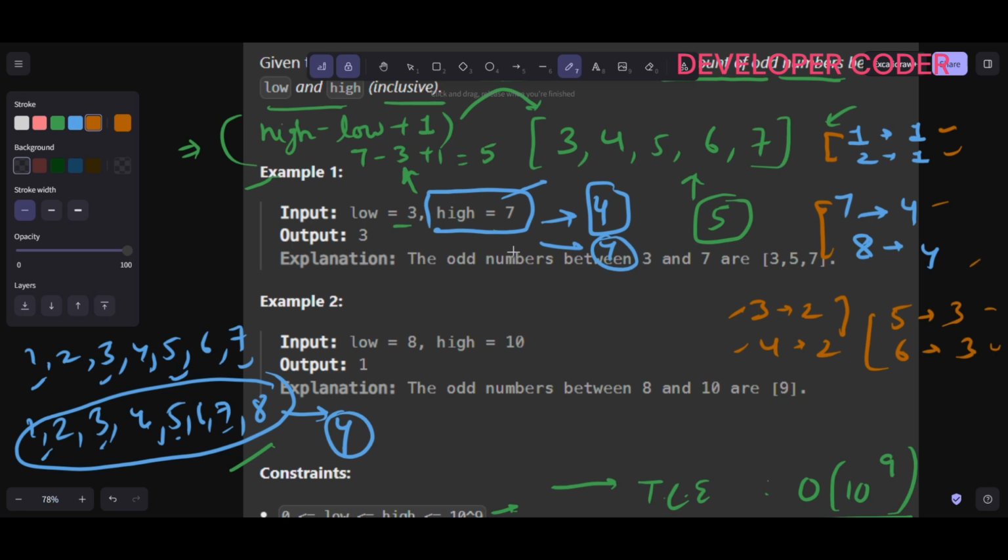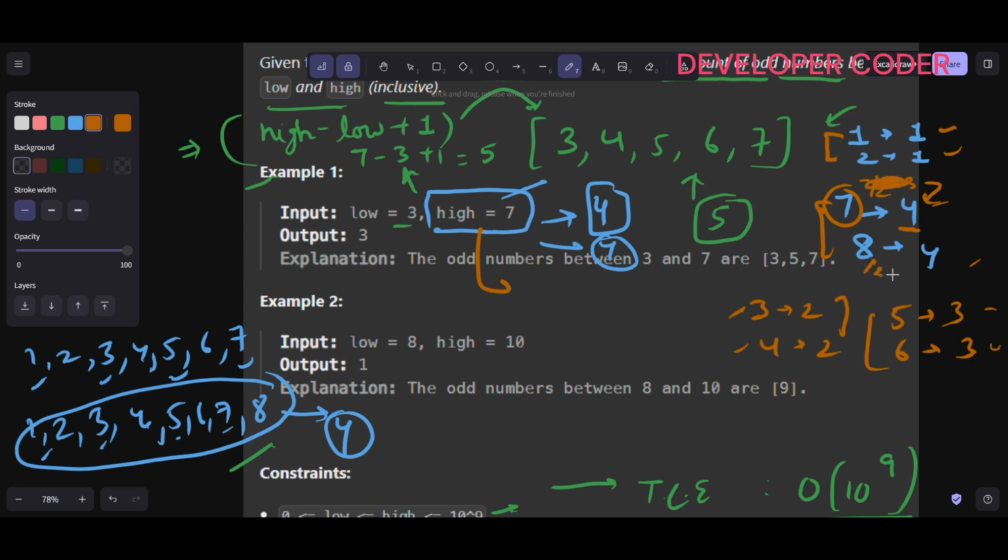Okay, so what I can do here is simply one thing. This high, if I divide this 7 by 2, what will I get? I will get 3, but 3 is not the correct answer, right? Because the count is 4. So definitely I'm not going to use this.